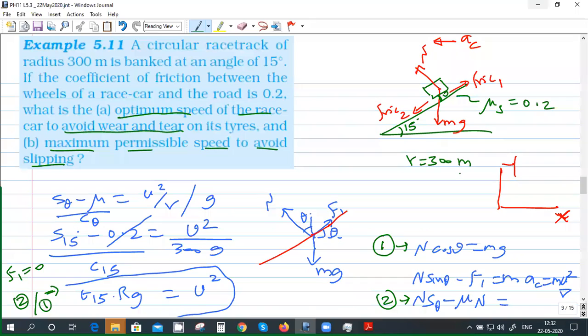Okay, so the second case is moving at high speed, so that the friction force will be in the down direction. So to write the equation, the friction force.